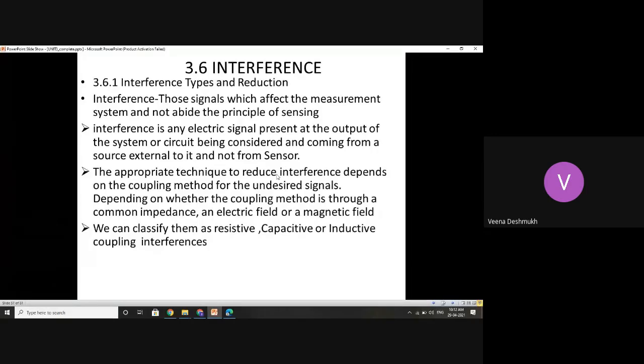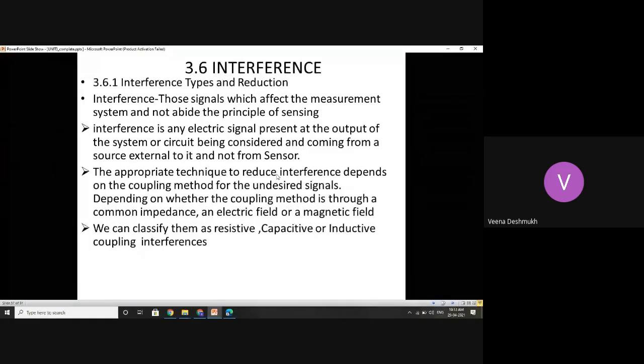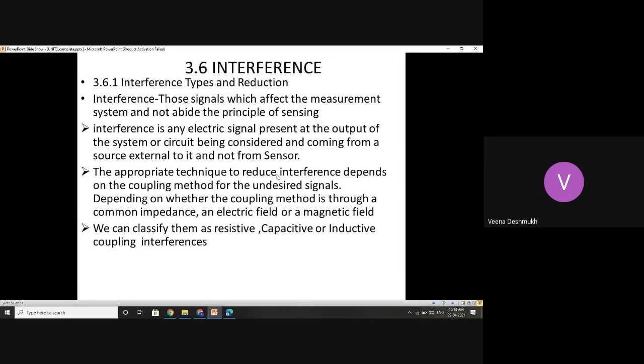Now, what types of interferences are possible here? Basically understand one thing: all our electronic devices are going to be associated with either resistors or capacitors or sometimes even inductive couplers. Also, whenever we are using sensors, most of them fall in one of these categories, like resistive type, capacitive type, or inductive type, especially for electronic signals.